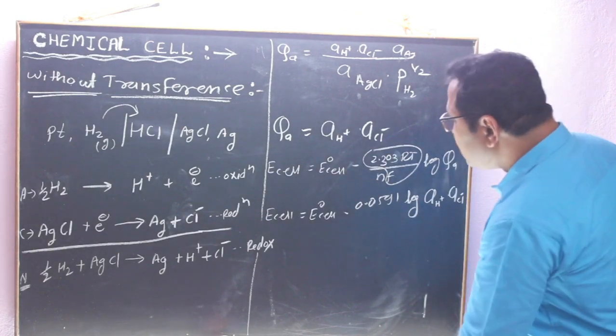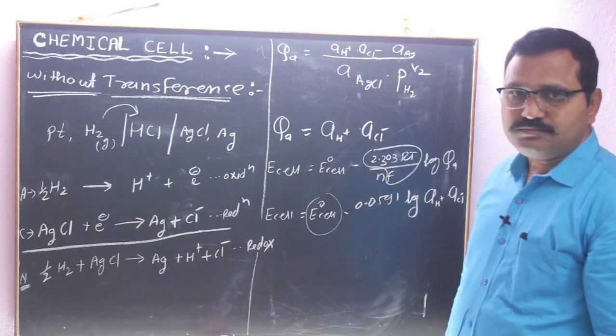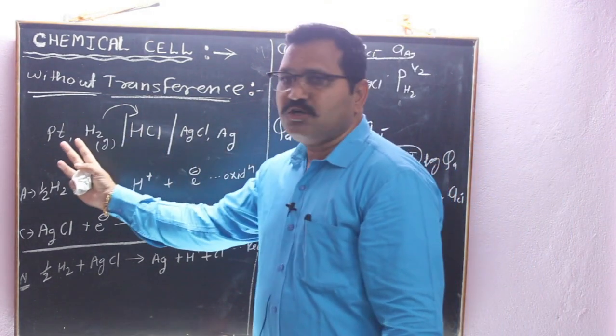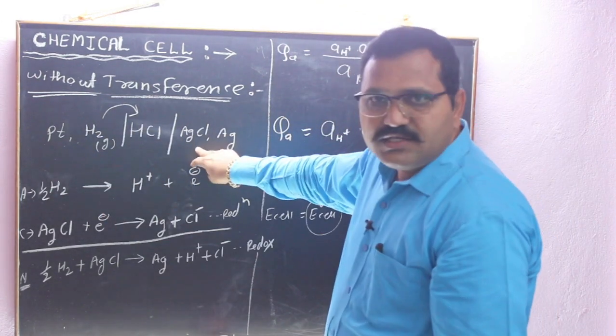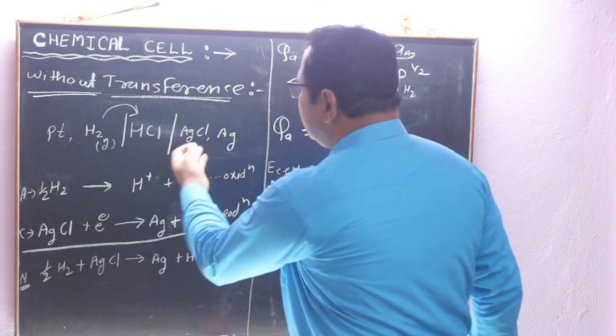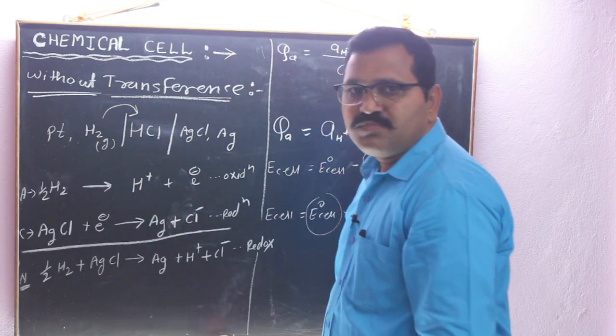Now, what is this E naught cell? E naught cell is the E naught right minus E naught left: standard EMF of right side minus standard EMF of left side. E naught AgCl minus E naught hydrogen electrode.